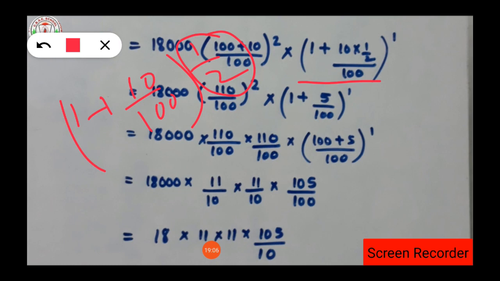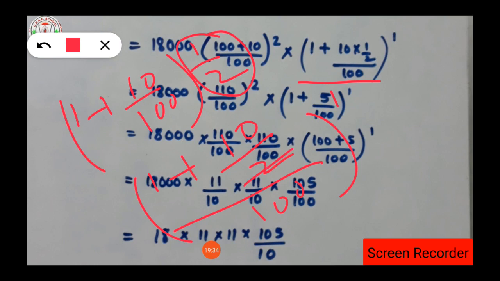So this year we can write with the numerator 10 like this: 1 plus 10 upon 2 whole upon 100, whole to the power 1. That means this denominator 2 goes to the denominator of 10 and 1 will remain in the power itself. As we know, the power 1 does not have any value, but even then we are going to write it.